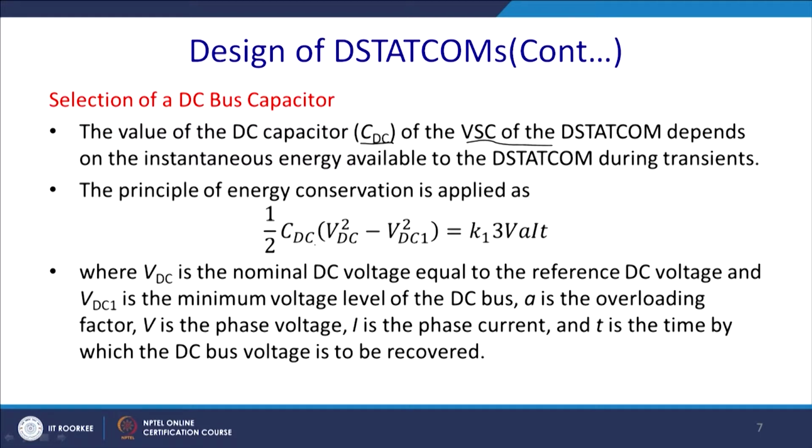So, half C_DC into (V_DC squared minus V_C1 squared) equals K1 into 3 V A I t. Where V_DC is the nominal DC bus voltage, equal to the reference DC voltage, and V_C1 is the minimum voltage level of the DC bus, A is the overloading factor, V is the phase voltage, I is the phase current, and t is the time in which the DC bus voltage has to be recovered.